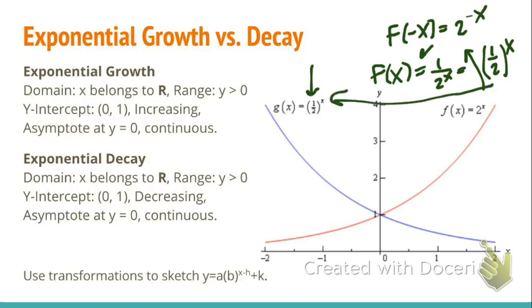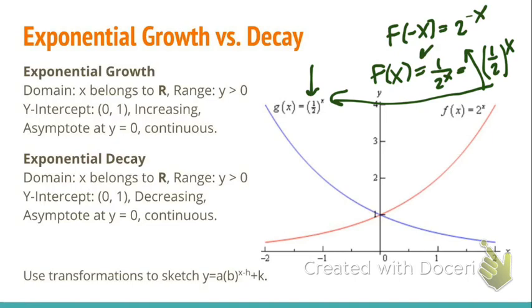So that's why when you negate the exponent, which is a variable, it'll reflect it over the y-axis, because that's the rule for reflecting over the y-axis, mapping x comma y to negative x comma y. And you could also do that by finding the reciprocal of the base.